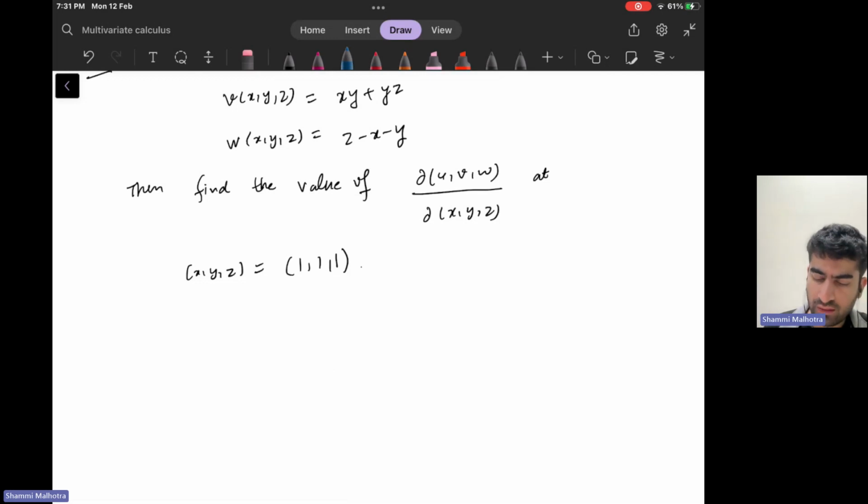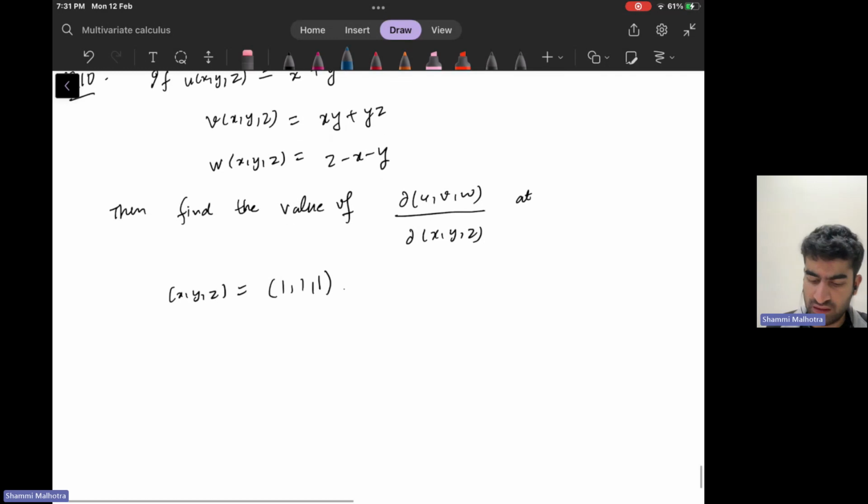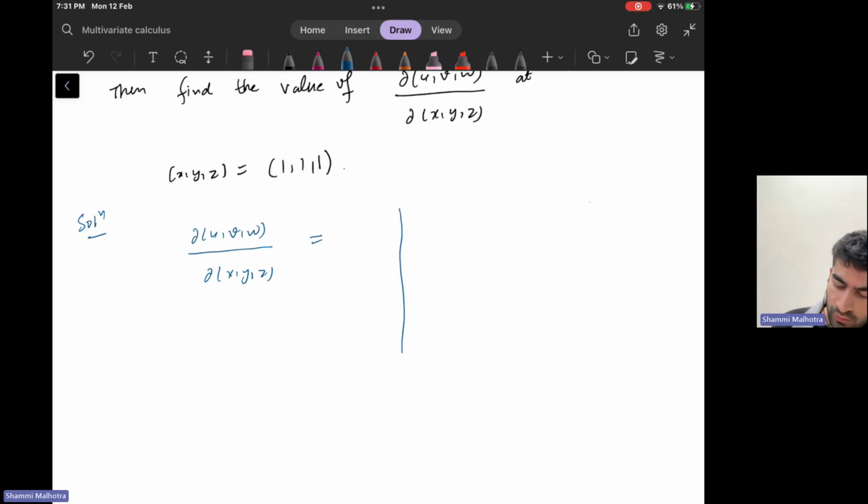Like the way we define the Jacobian in 2 dimensions, in the same way we can define the Jacobian in higher dimensions. So this del u v w over del x y z would be the determinant of a 3 cross 3 matrix. Let me put u, v, w here, and then x, y, z.